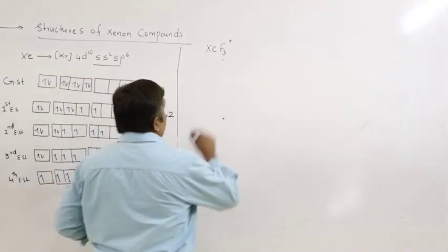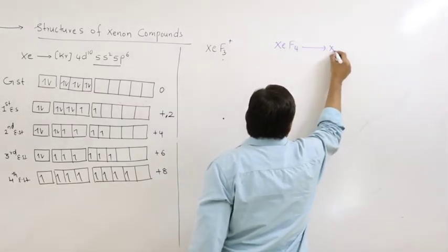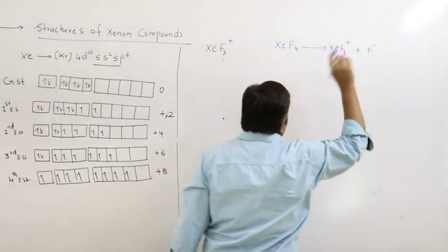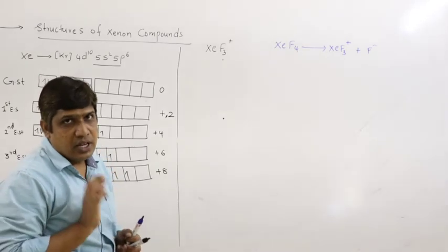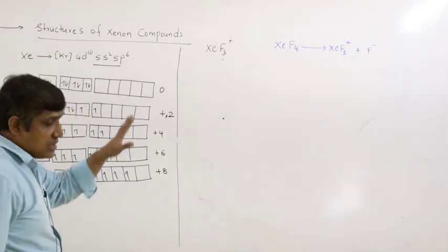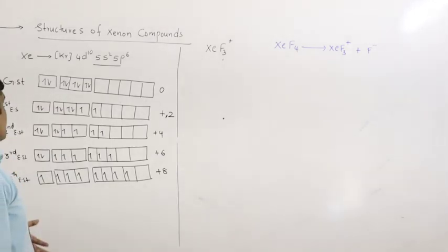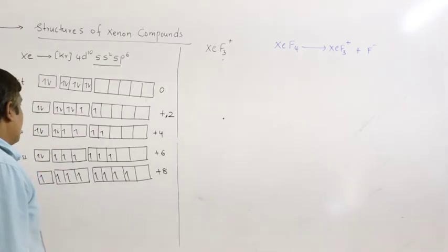So I can write like this: XeF4 gives XeF3 plus F minus. So fluorine is taking one of the xenon electrons. So xenon has only, sorry, 7 electrons. So out of the 7 electrons, 3 are used for bond formation with fluorine.